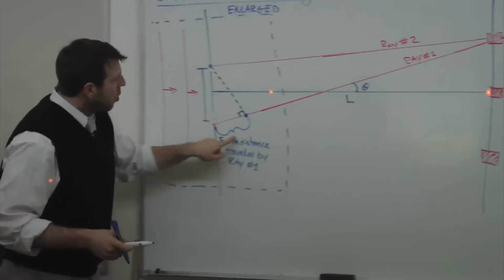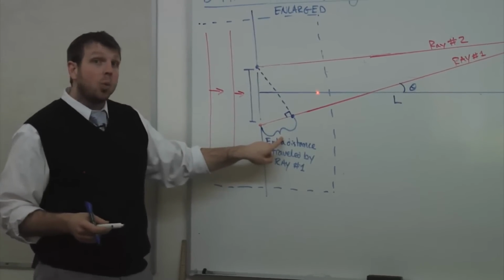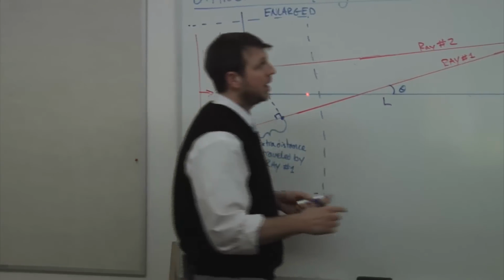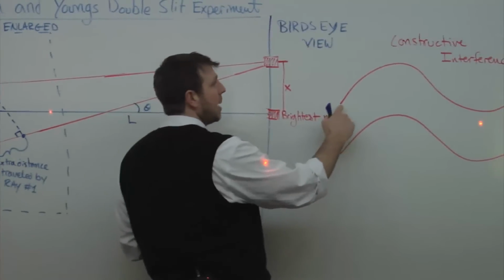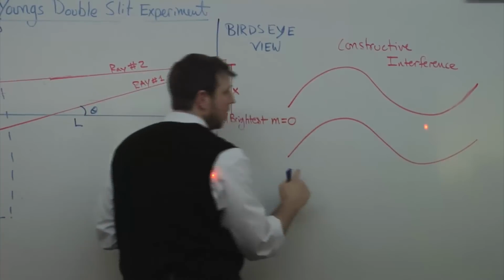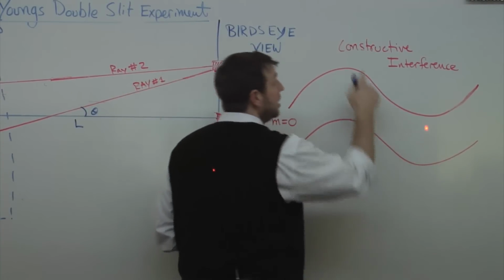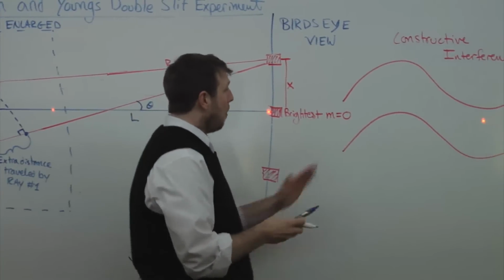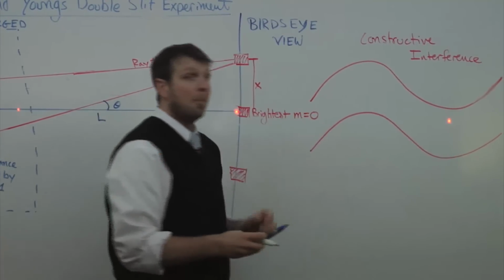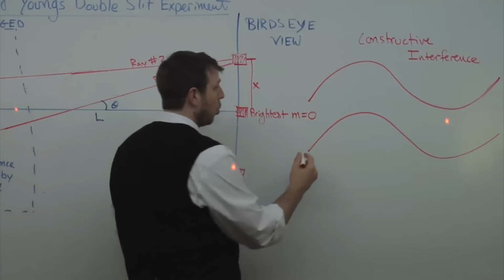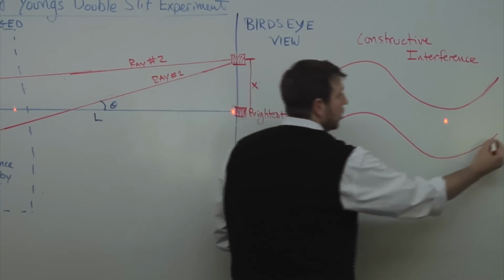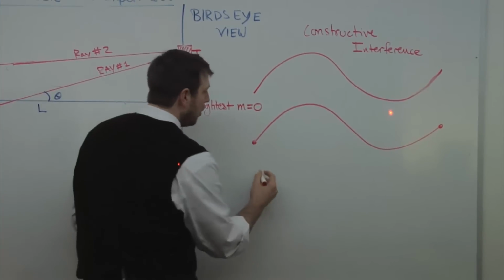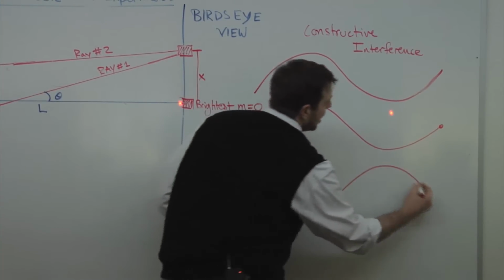So it's all about knowing exactly how many extra wavelengths we need to get constructive interference. Well, in this case, I know I need a peak and a valley to meet up with a peak and a valley to get constructive interference. Well, if I were to bump this wave over by a half wavelength, remember a wavelength is a whole peak to a whole valley, I would end up with a valley and then a peak.